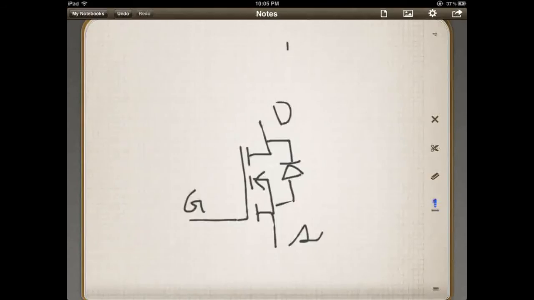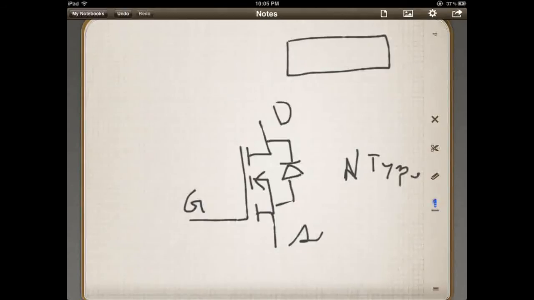Now, how these guys are made, very quickly: in the silicon there's a base type material, and since this one is N type, there are going to be two little wells of N-type material, negatively charged material, in a positively charged base material.